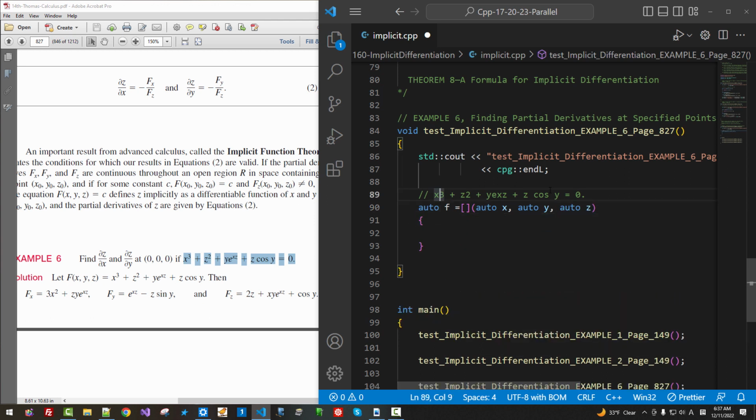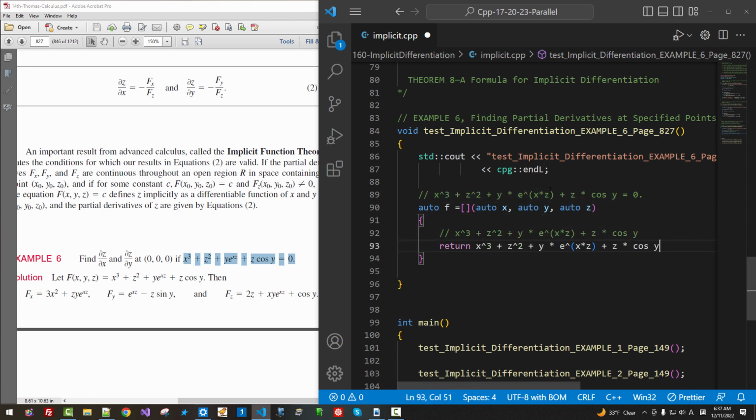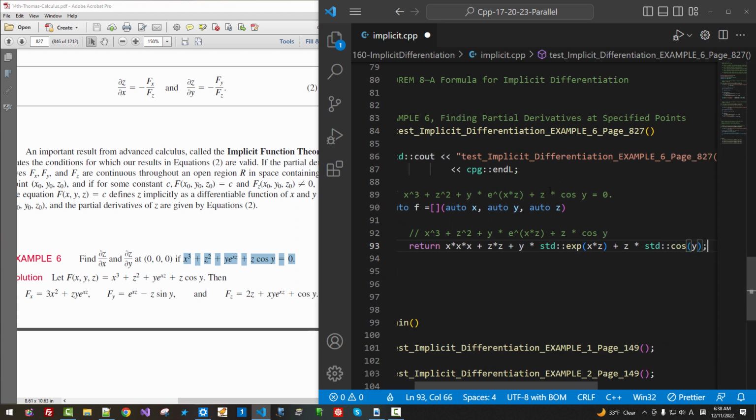It is x cube, z square, y times e power x times z, z times cosine y. Copy this. Return, paste. It should be x times x, z times z. It should be SED, EXP, x times z, SED, cosine y, semicolon.